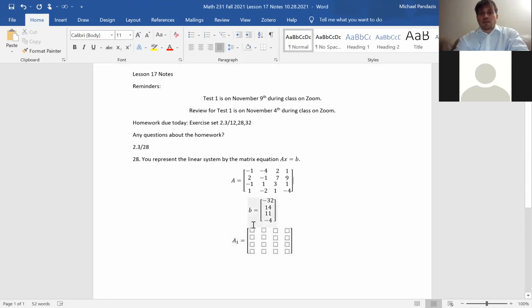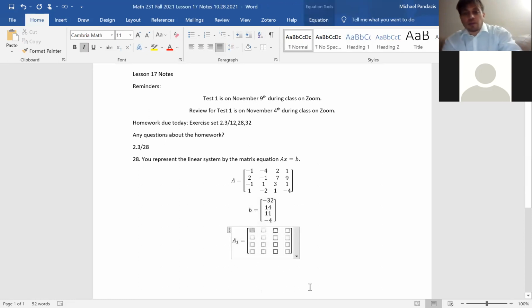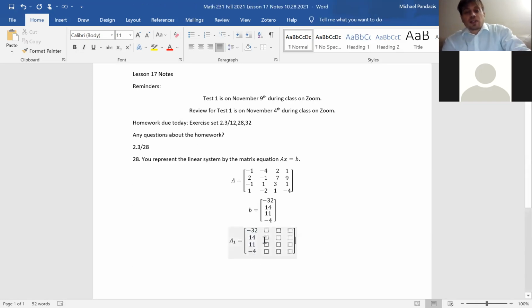Okay, so A1 is the matrix you form by replacing, because of the index 1 here, the first column with B. So it's -32, 14, 11, -4. That's the first column.